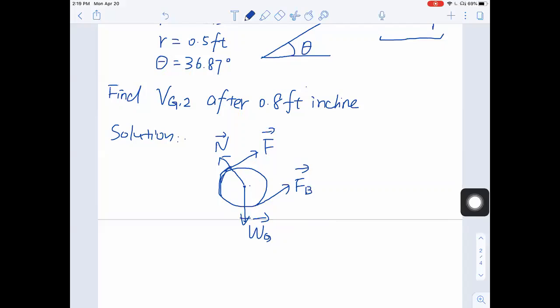Since we have this slope with the angle theta, I will set up my coordinate system with this angle theta, J and I. Now we have the first step done, the free body diagram and the coordinate system.